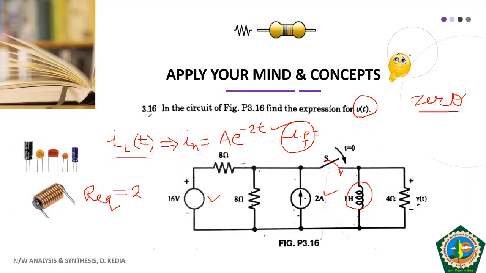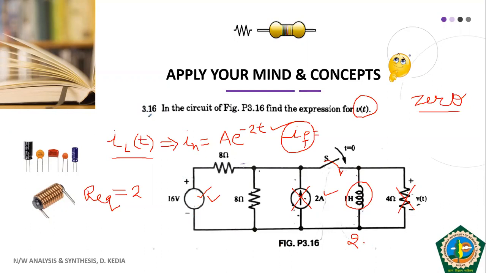So we will apply superposition theorem. You all know how to apply superposition theorem. First we will consider voltage source. We will open this current source and we will find out the value of current through this one. This is a short. This resistance will no longer exist. So this value, by applying 16 volt, will come out to be 2 ampere.